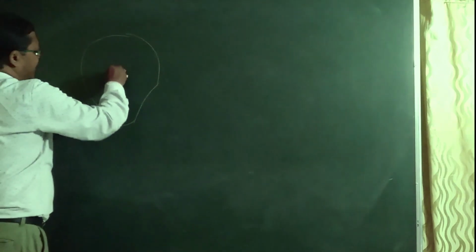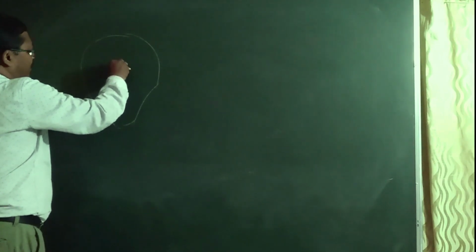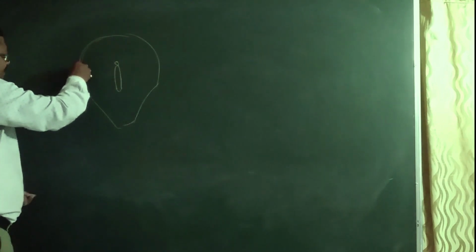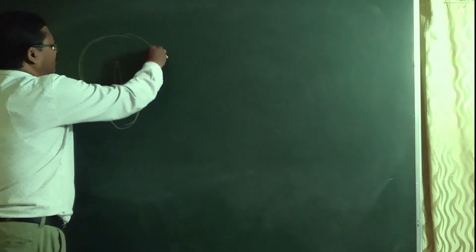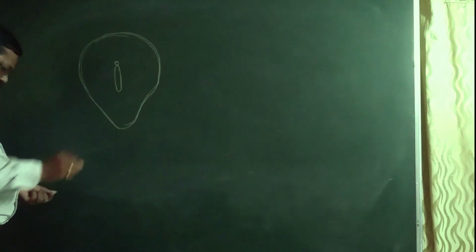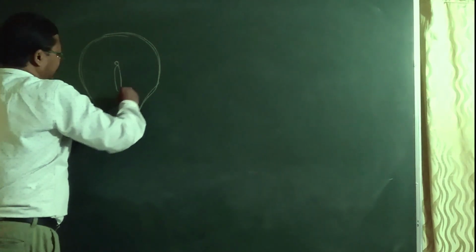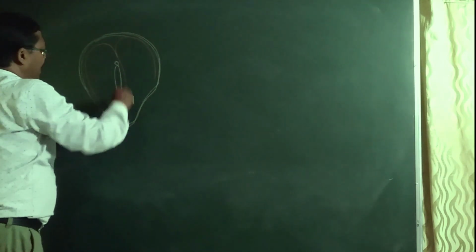This seed contains a hilum and a micropyle is present. The seed is covered by the seed coat, and within the seed, the cotyledon and embryo are present.